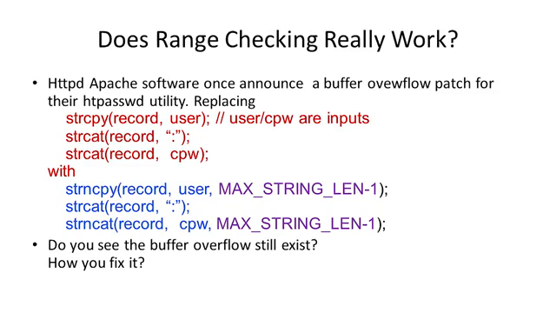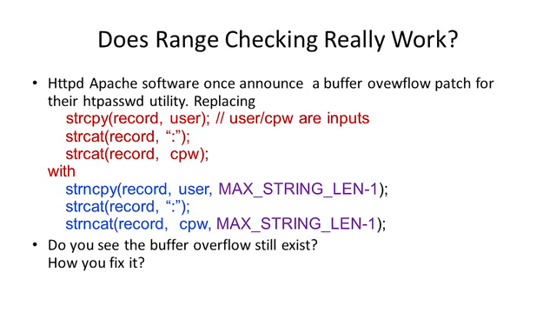Because the strcpy overflows the record variable, they try to patch it with a strncpy with two parameters, user and max string length minus 1 constant, limiting the number of bytes that will be copied from user to the record variable.